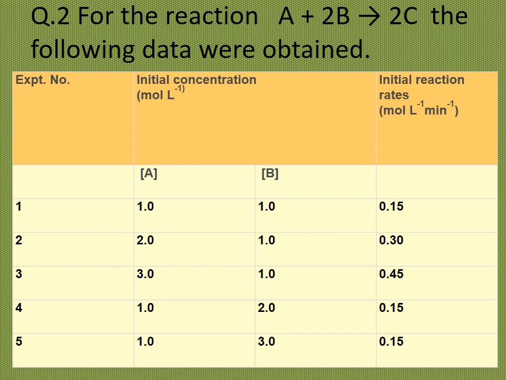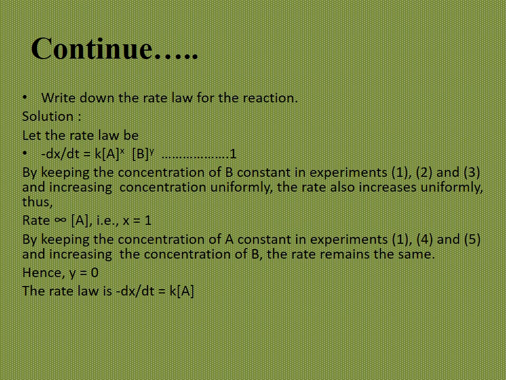And in the last experiment, number 5, the value of A is 1, B is 3, and initial reaction rate is 0.15 mole per liter per minute. We want to calculate here the rate law for the reaction.